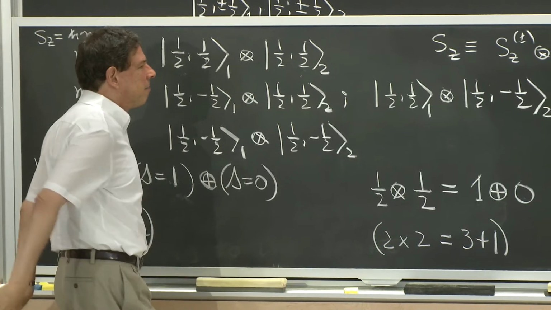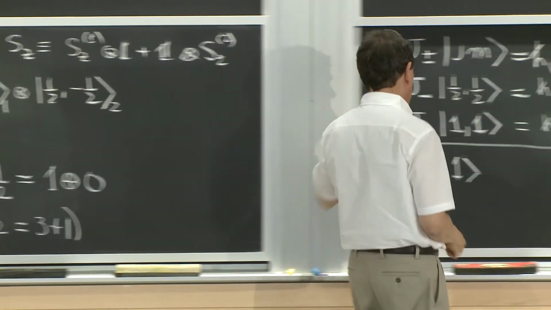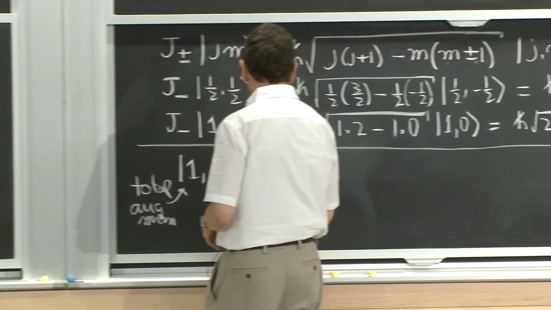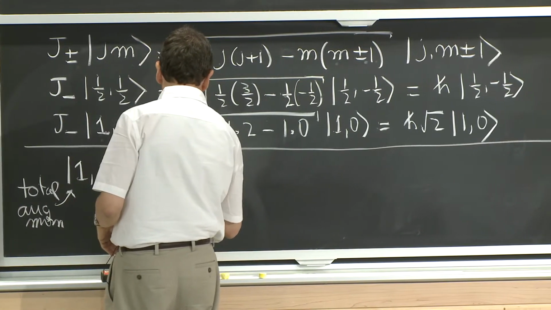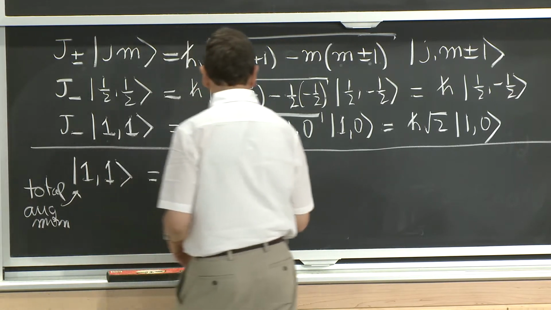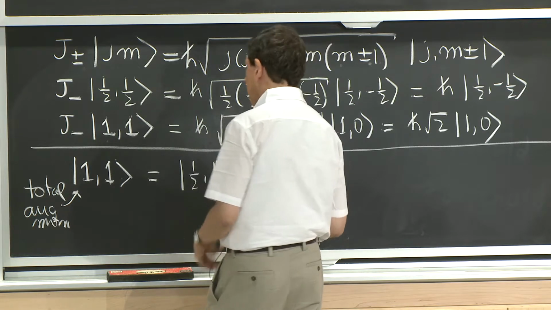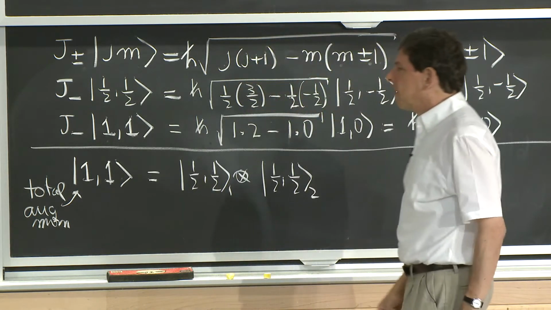So this state must be a state with total angular momentum 1. So this state is the state 1/2, 1/2 in the first space, tensor 1/2, 1/2 in the second. Very nice.